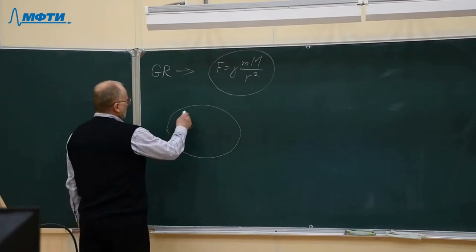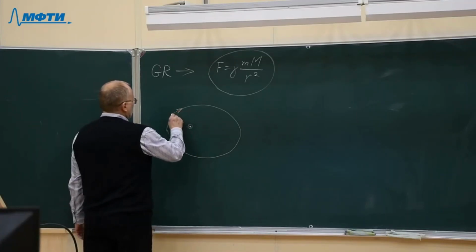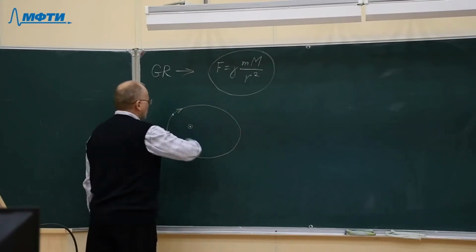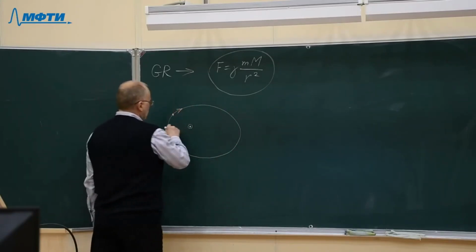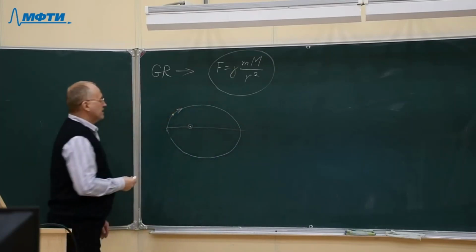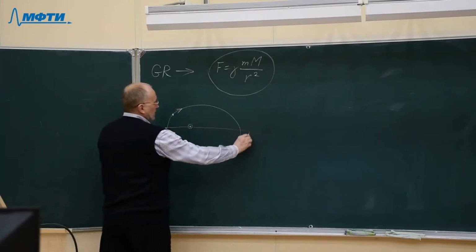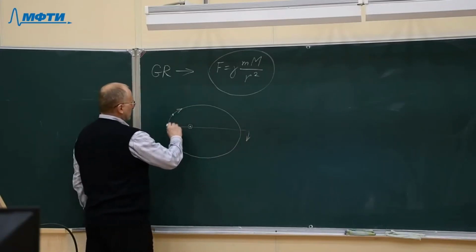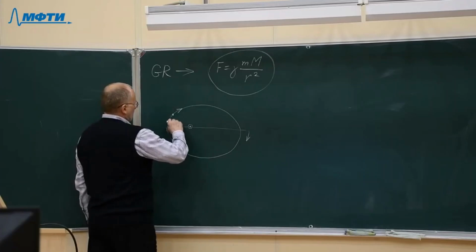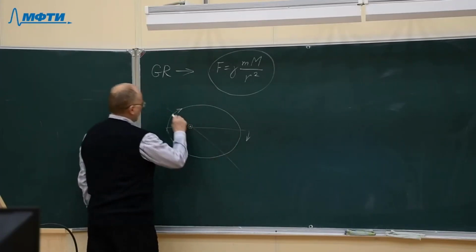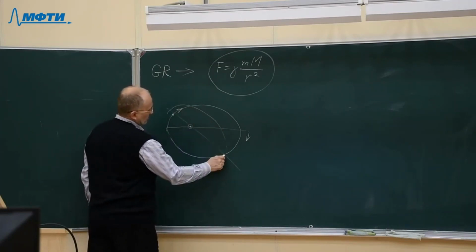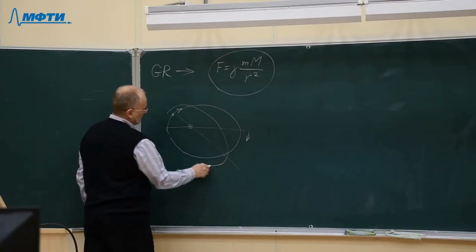So when a planet is moving along this trajectory, it makes hundreds and hundreds of revolutions, hundreds of years for this planet. And gradually, this main axis of the ellipse is actually rotating, so that in 100 years, this axis will be something like this, and the ellipse will be something like this.